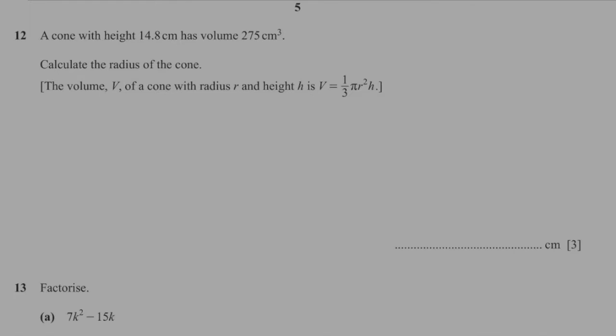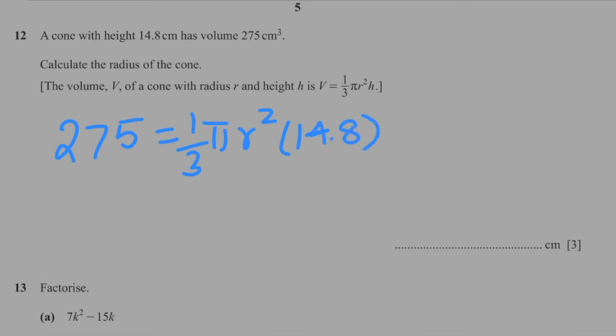12. A cone with height 14.8 cm has volume 275 centimeters cube. Calculate the radius of the cone. So I'll substitute the values in the formula. So we have 275 is equal to a third pi r square, where r is unknown, into height, which is 14.8. So I'll shift these values over here.